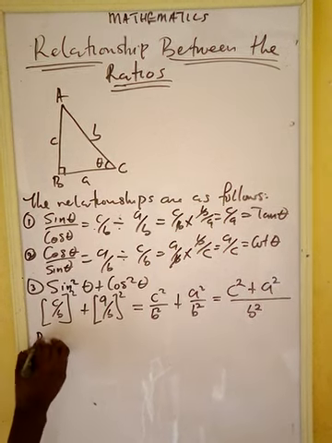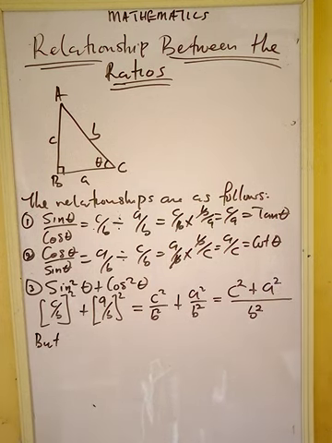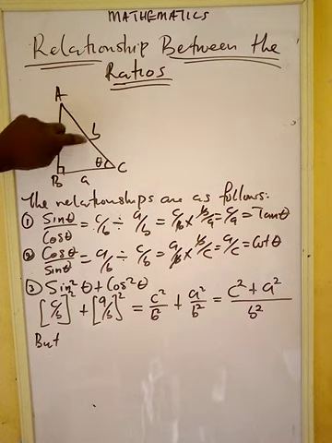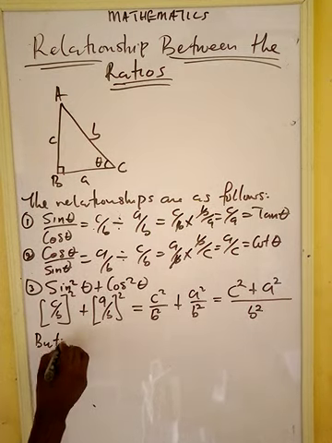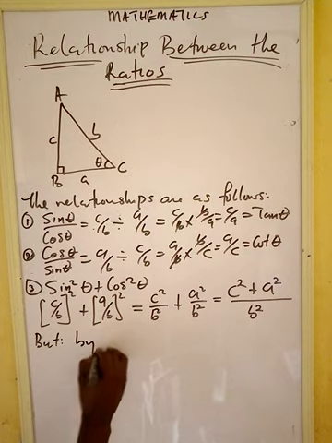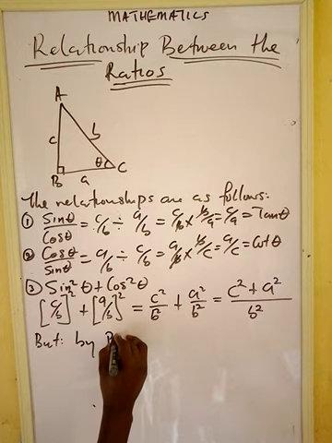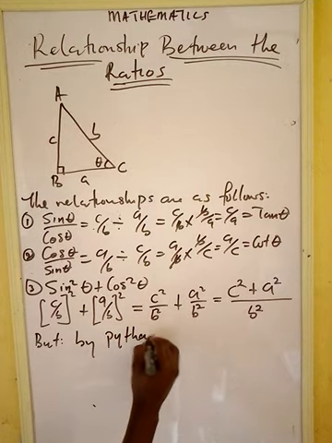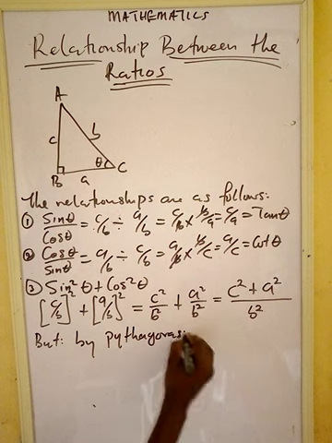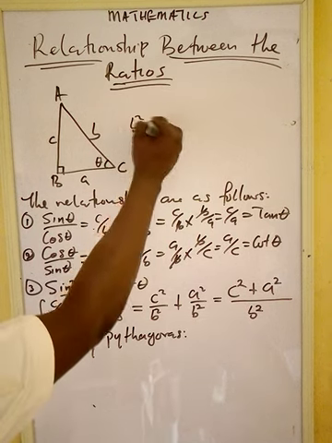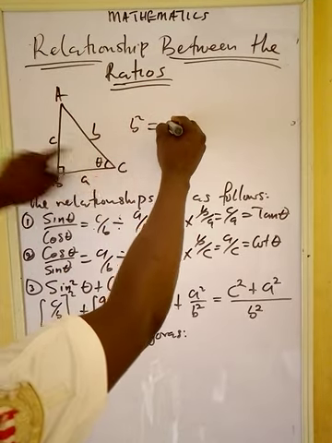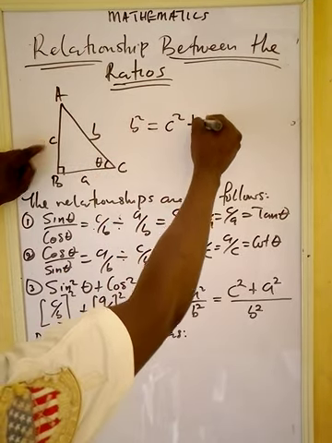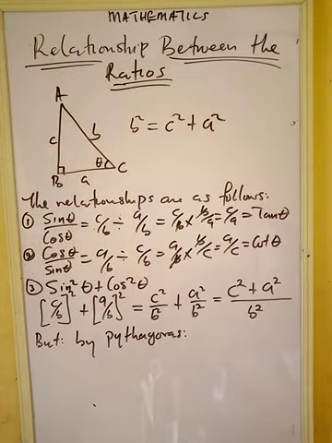But if you go back, let's come back to our Pythagoras theorem. By Pythagoras, hypotenuse squared equals c squared plus a squared.